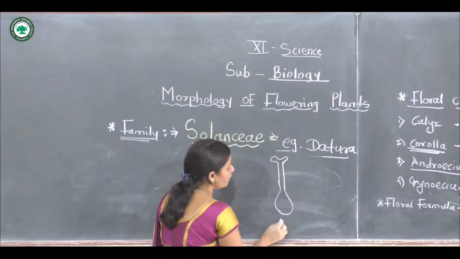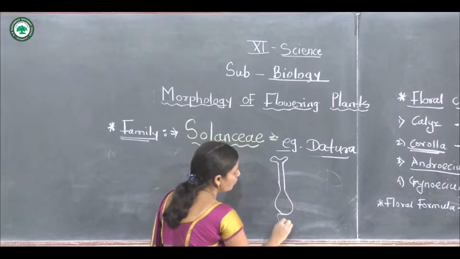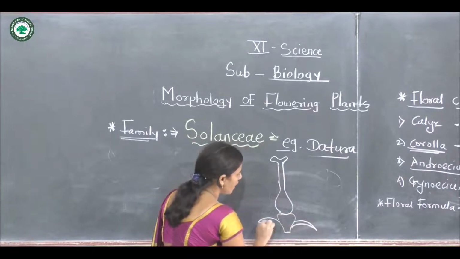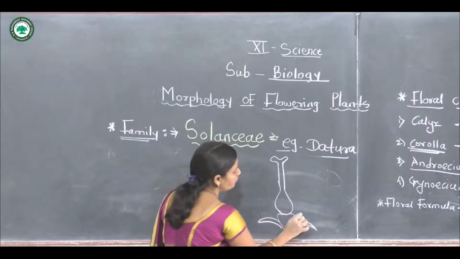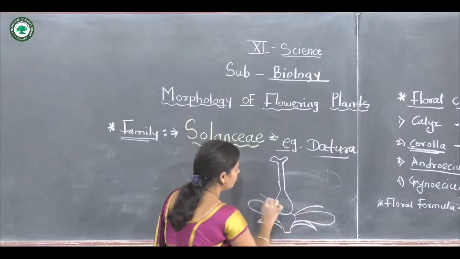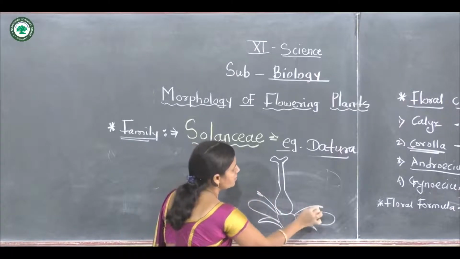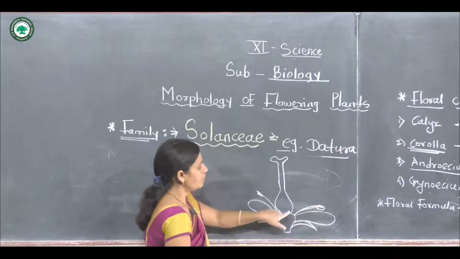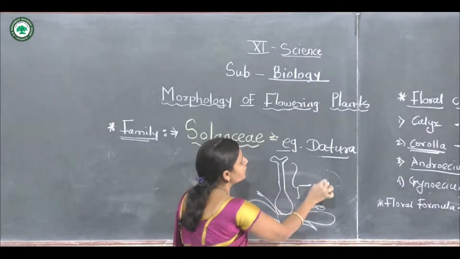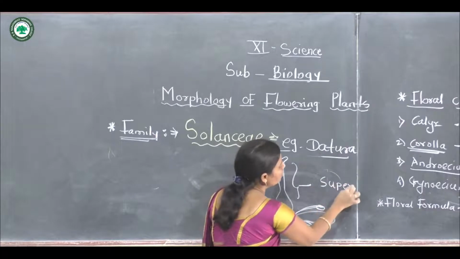This is the ovary, and the other floral parts, the calyx or sepals, the corolla, and the androecium or stamens, are present below the ovary, and the ovary is above. This condition of the ovary is called the superior ovary.